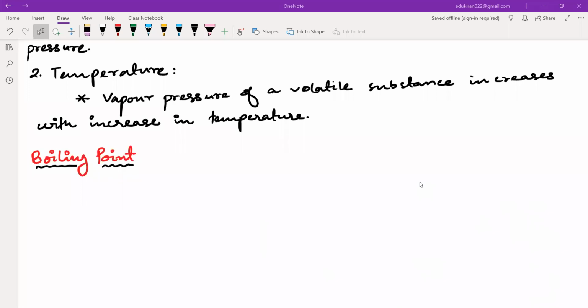Anyone? What is boiling point? The minimum temperature required to change liquid to gas. So what is the boiling point of water? 100 degrees Celsius. That means if we spill water at 25 degrees Celsius, it doesn't convert? Yes, it gets converted, right?